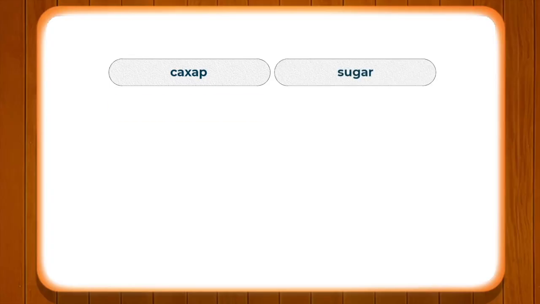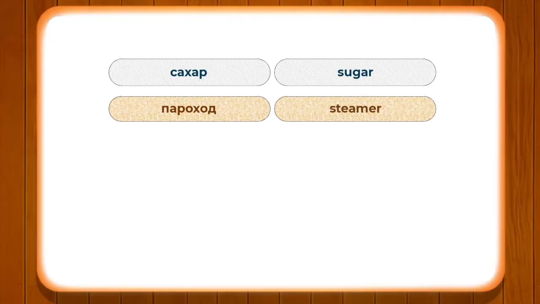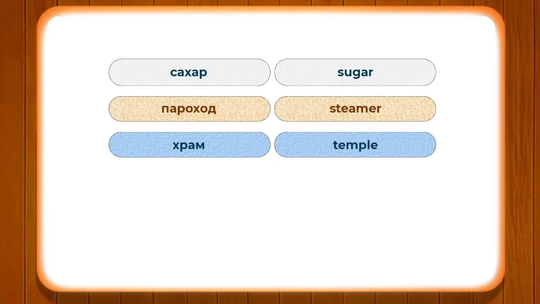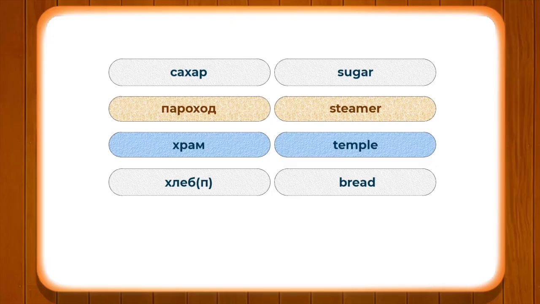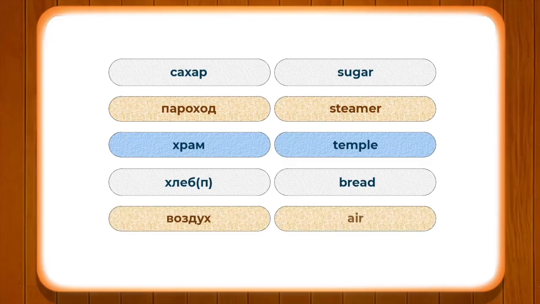Then we have parakhod, means steamer. Then we have khram, means temple. Then khleb, means bread, and vozdukh, means air. If you pay attention to the first word sakhar, which means sugar, it can be used very often.